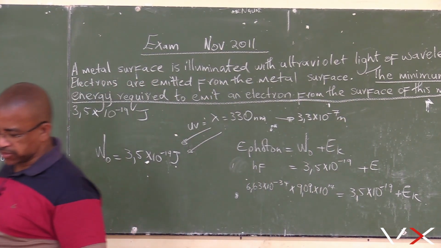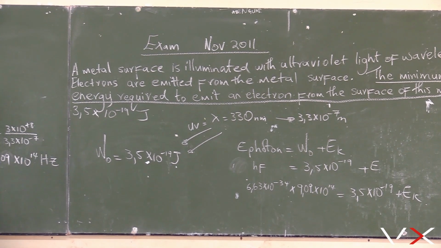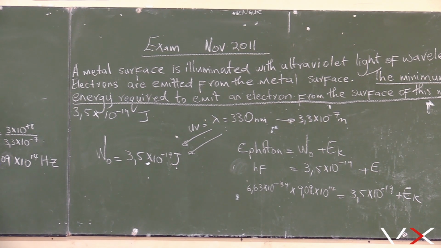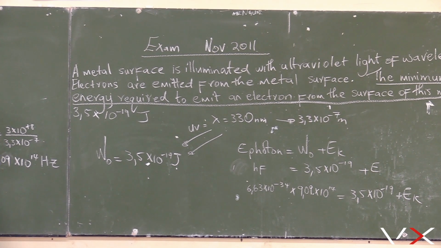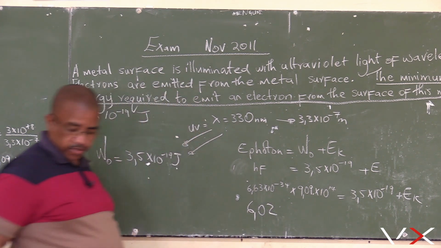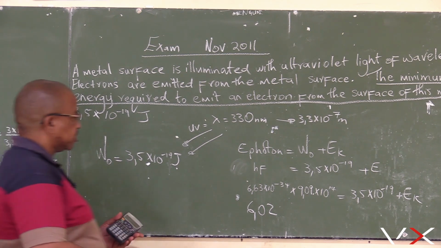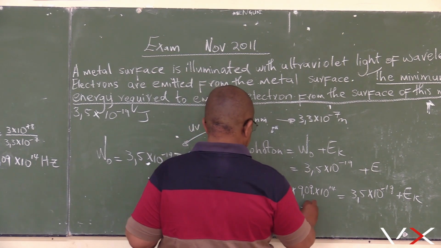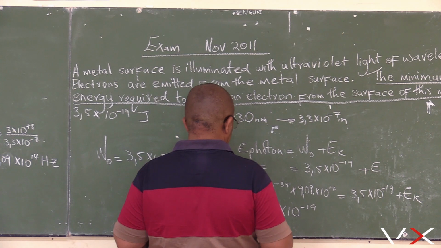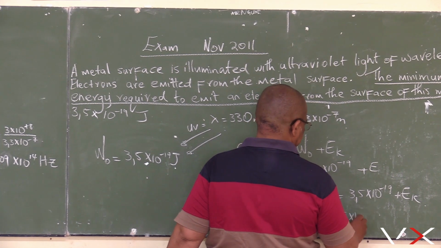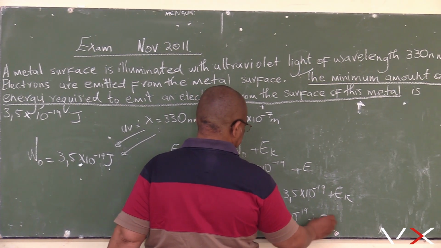So we have 6,02 times 10 to the power minus 19 equals 3,5 times 10 to the power minus 19 plus kinetic energy.